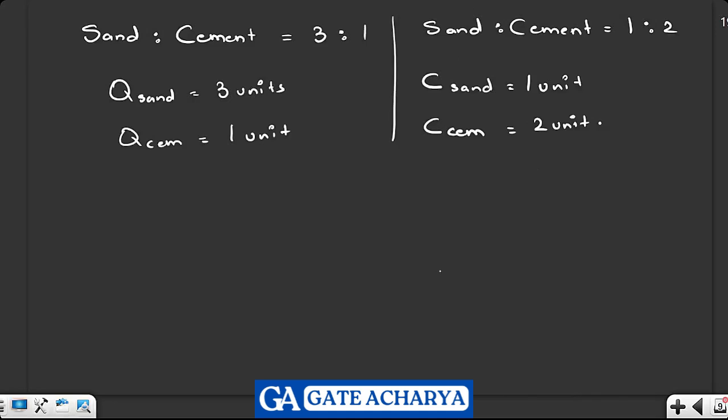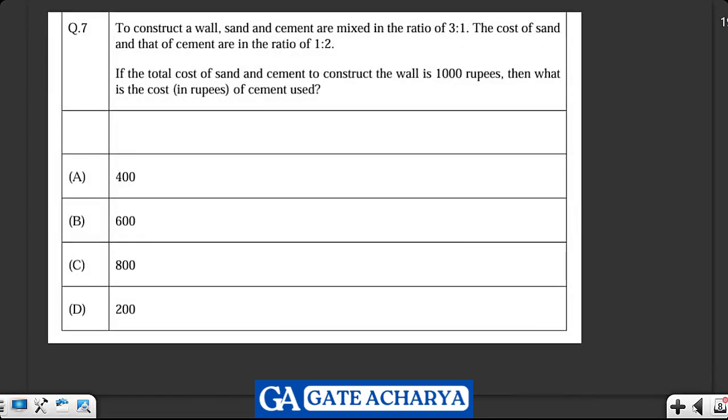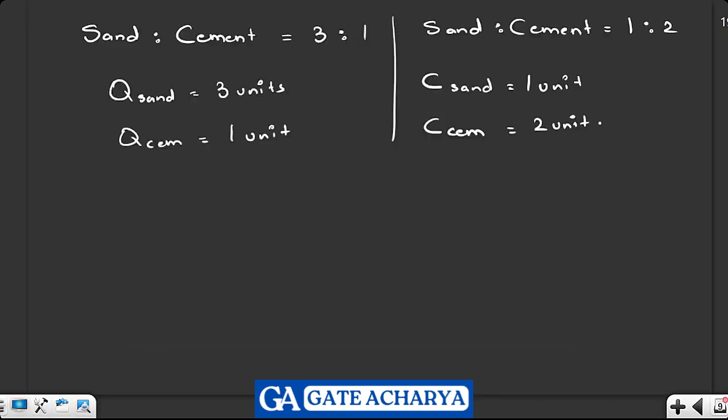Now, 3 units of sand, if I buy it, the cost of sand is 1. They are saying that if I buy 1 unit for that same price, okay.